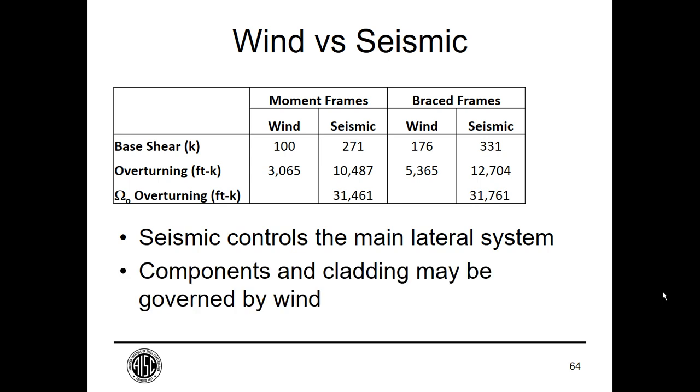However, components and cladding may well be governed by wind, and that should not be neglected even in areas of very high seismicity. So if wind controls the base shear, you still need to check the story shear at every level because the seismic load is more top-heavy.